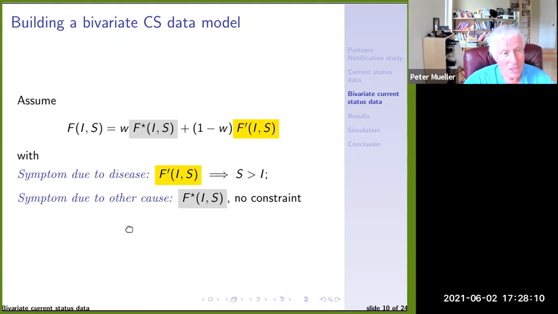One exception is if a patient shows up with infection before a symptom, then we know for sure that's a gray patient. So that first split just acknowledges that the symptoms are generic and could arise for other reasons. And we introduce the constraint that in the yellow distribution, S has to be greater than I. That's how we formalize the notion of symptom due to disease.